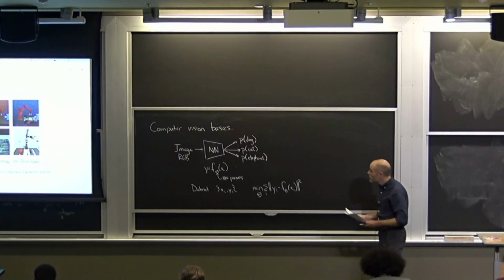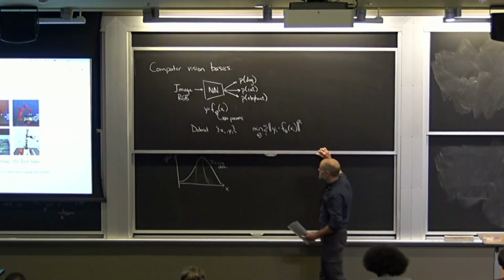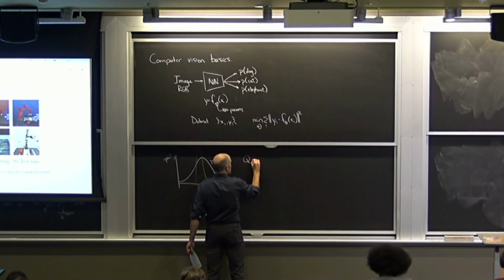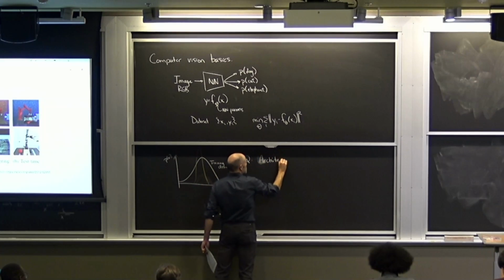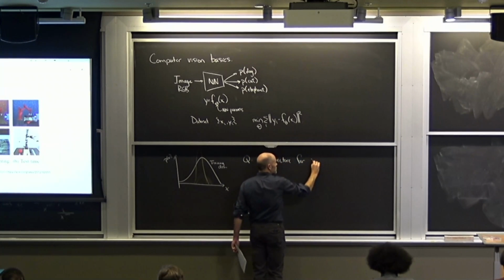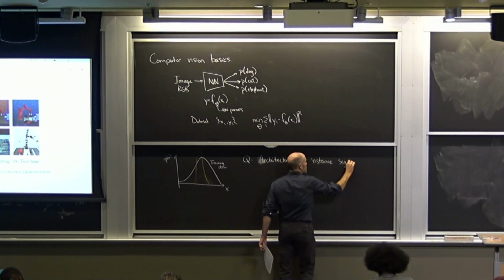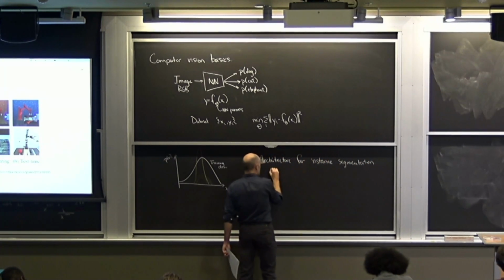So we can do it in a few steps. And I'll give the example of Mask RCNN.